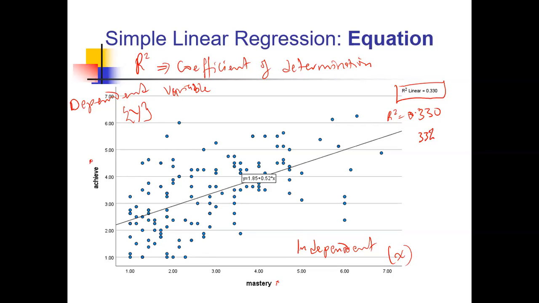But of course, we know that in reality, mastery and achievement should have a positive correlation. So again, I will repeat that and maybe write it down here.